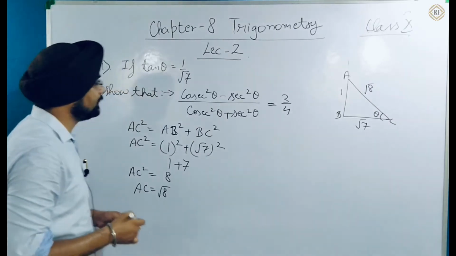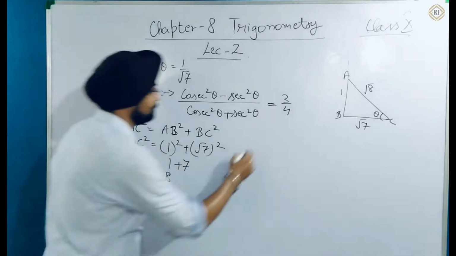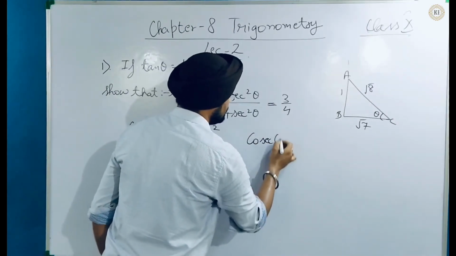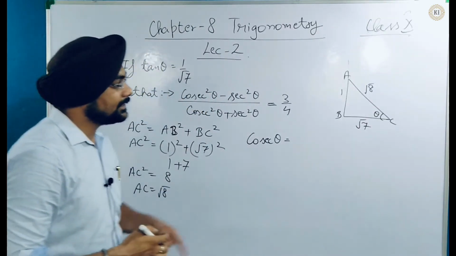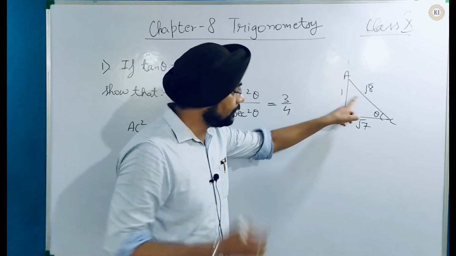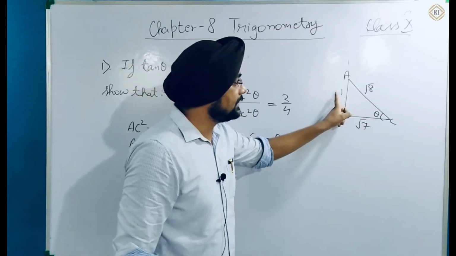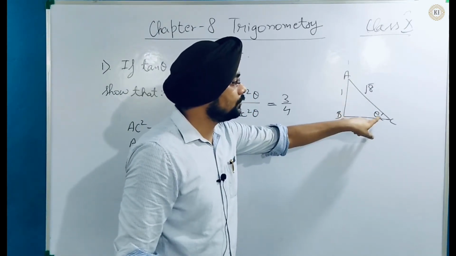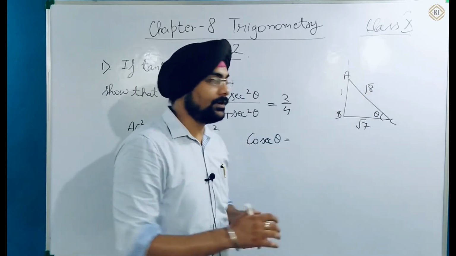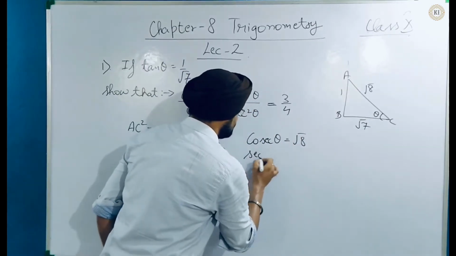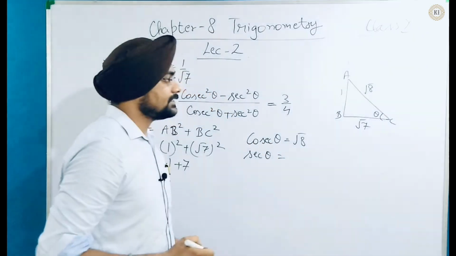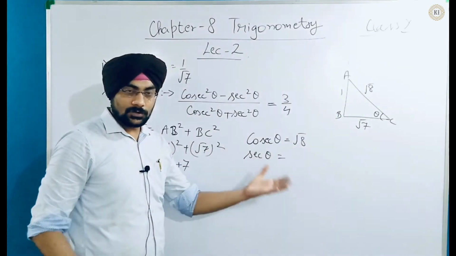Now we can calculate the value of cosec theta. Cosec theta will be the reciprocal of sin theta. Sin theta, we know, is perpendicular upon hypotenuse, that is 1 upon root 8. So cosec theta will be root 8 upon 1, that is root 8. And sec theta is the reciprocal of cos theta.